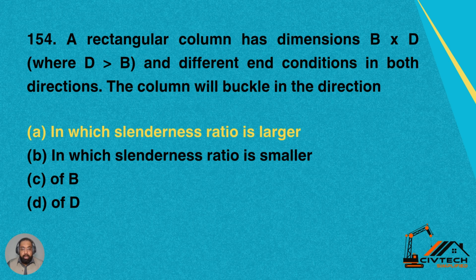The column will buckle in the direction: option A, in which slenderness ratio is larger; option B, in which slenderness ratio is smaller; option C, direction of B; option D, direction of D. So A is the correct answer for this question.